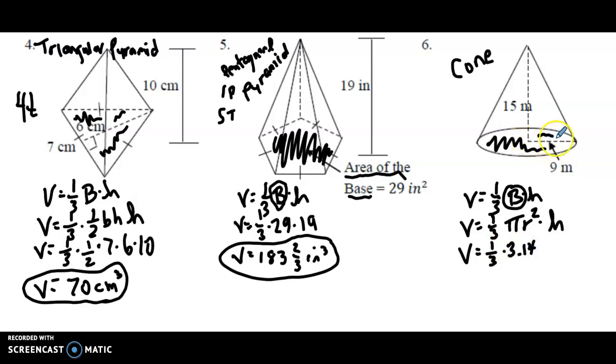The radius is from the middle out. They gave that to us. That's 9. Just don't forget to square it. And the height in this one is going to be on the inside because it's not blocked. So that's going to be 15. Go ahead and plug that into your calculator. And I got 1,271.7 meters cubed.